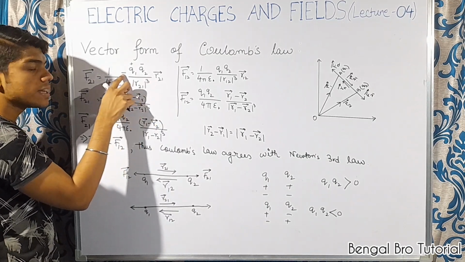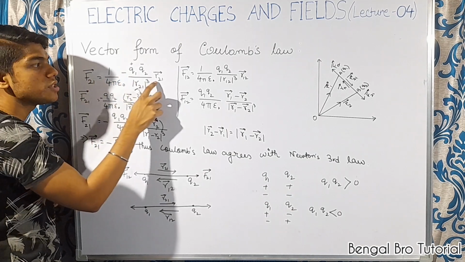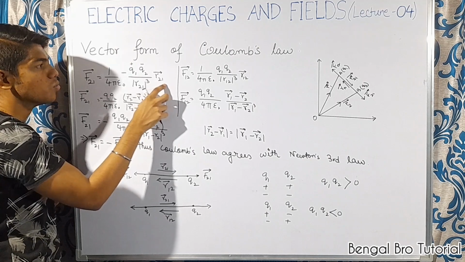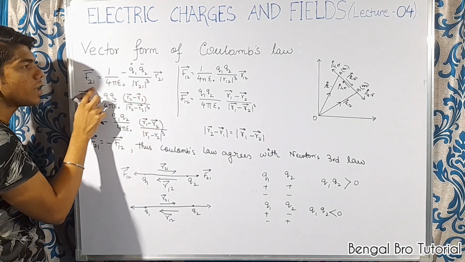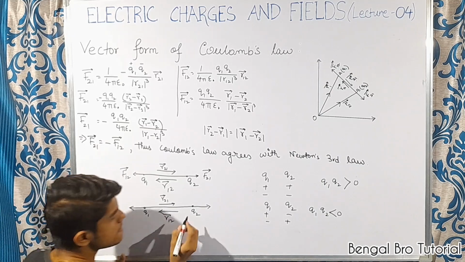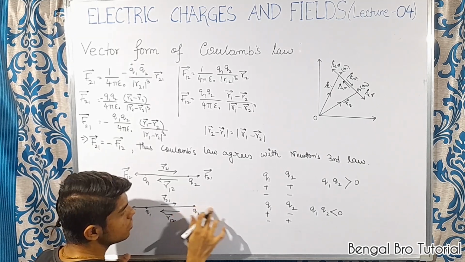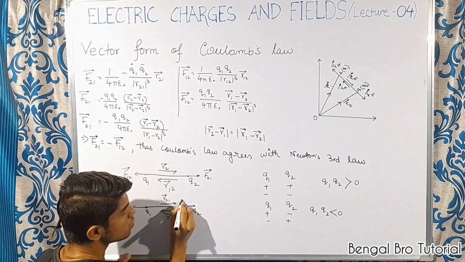Minus sign is indicating that the direction of F21 is opposite to the direction of R21, which means that F21 is along R12.